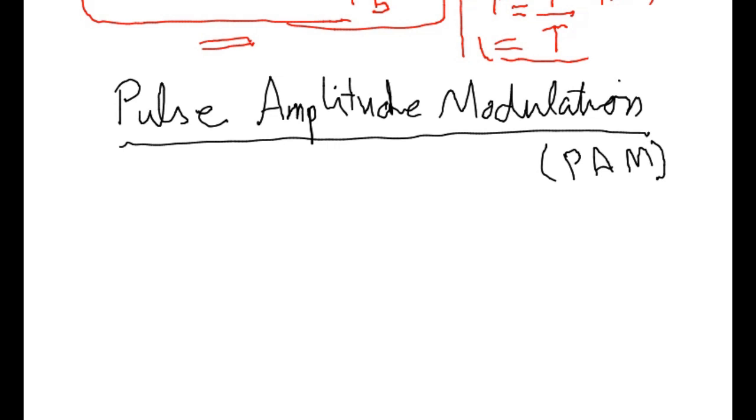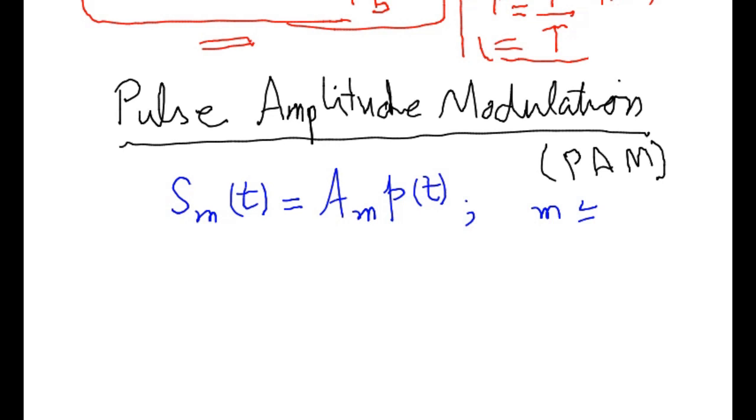The generalized form of a pulse amplitude modulated signal is like this. We say our s_m of t is A_m times p of t, for m, where we have capital M unique signals.